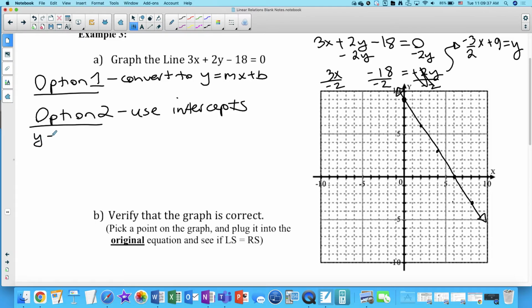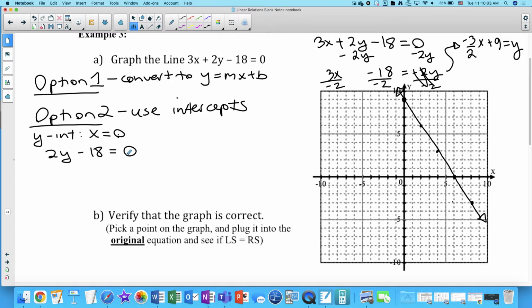If we're at the y-intercept, x is 0. So if I look at this equation, if x is 0, this term disappears because 3 times 0 is 0. So what I'm left with is 2y minus 18 equals 0. Okay? I can solve this in my head, and I would bet that a lot of you can as well, right?